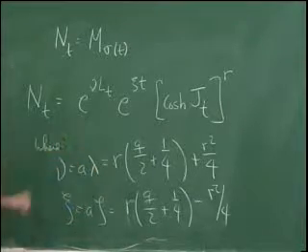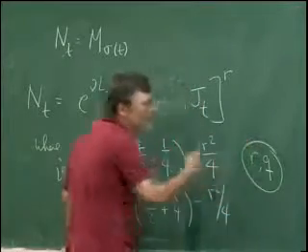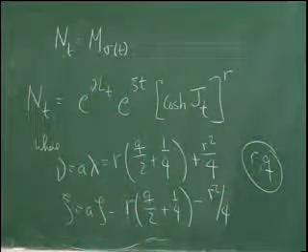So now I basically have just the parameters r and q, and I've gotten rid of a.